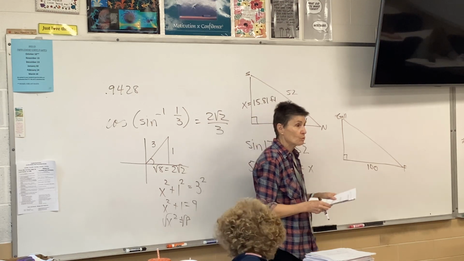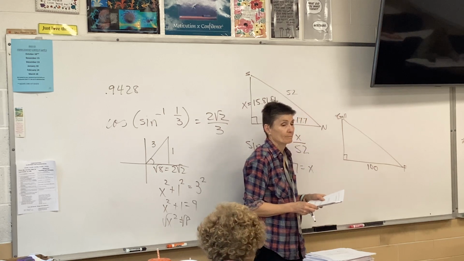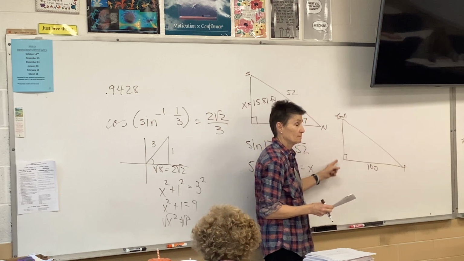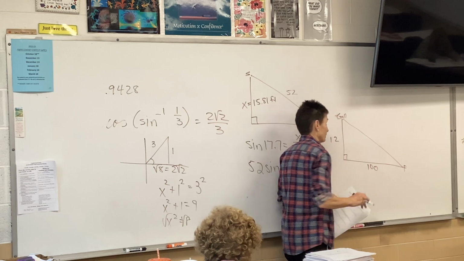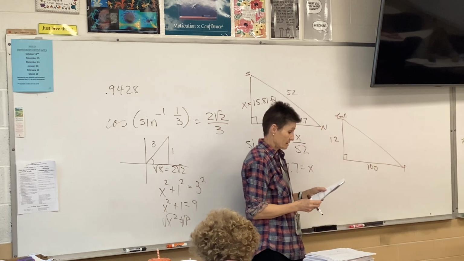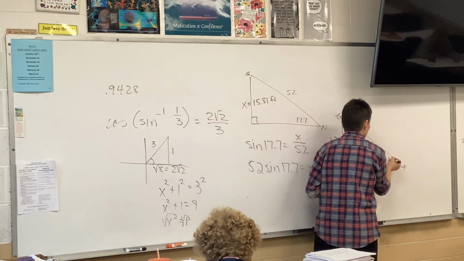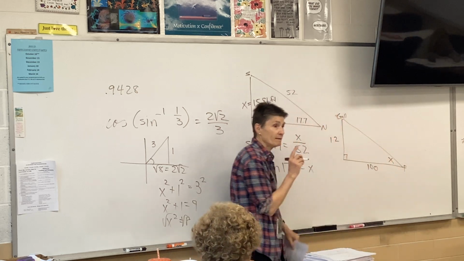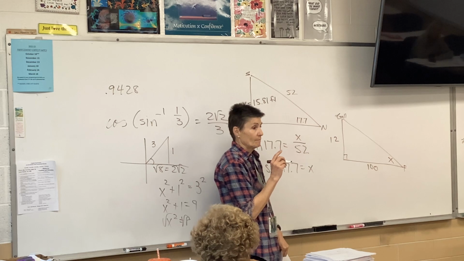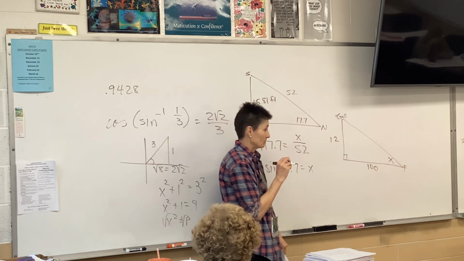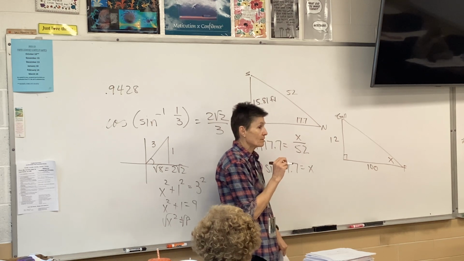All right, where do I put the 12? Right here? Where do I put the X? It's the angle. Okay, we know what that means, right? So here we go. Sine, cosine, or tangent?